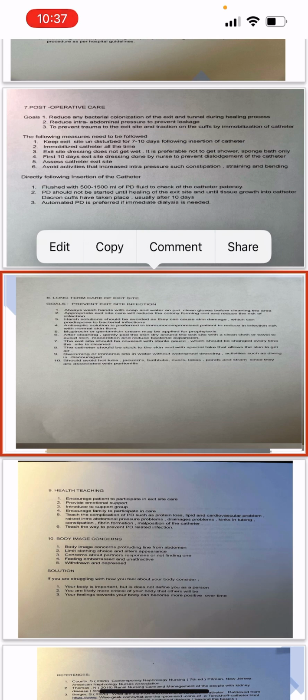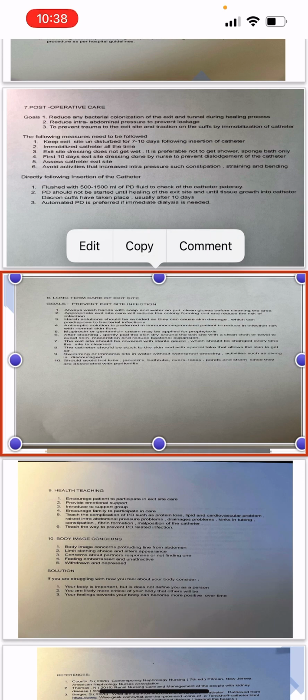Preferably we use antiseptic for the immunocompromised patient to reduce infection, and use antibiotic prophylaxis like mupirocin and gentamicin cream. After cleaning, we have to gently pat the skin dry around the site with a clean cloth towel, and avoid skin maceration to reduce bacterial expansion.